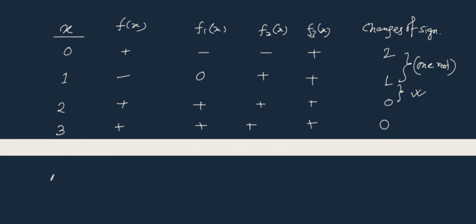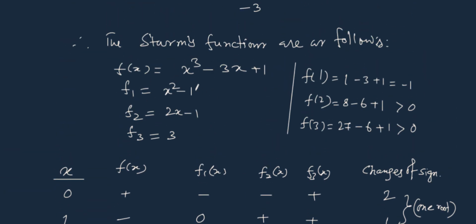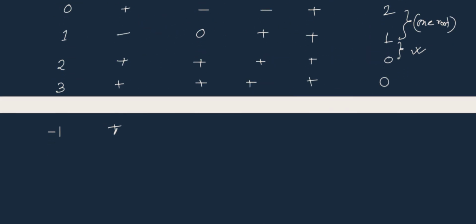Okay, let's go for negative. So let's calculate at negative 1. If we put x equals negative 1, the first one will be f of negative 1, that is negative 1 plus 3 plus 1, and this is again positive. Okay, positive.